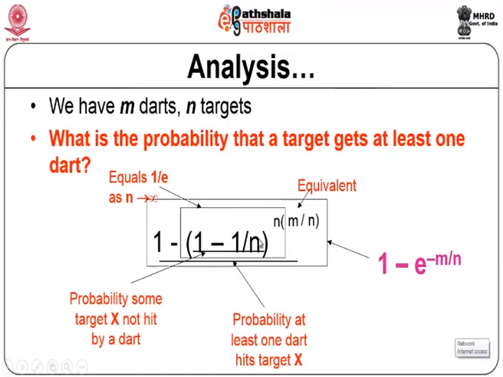So, 1 minus 1 by n. This entire probability subtracted from 1 is actually the probability that a target gets at least one dart. Now, in this scenario, the value within the inner box will equal 1 by e when n reaches infinity, and finally put together this entire equation will be equal to 1 minus e to the power of minus m by n, since n is tending to infinity.